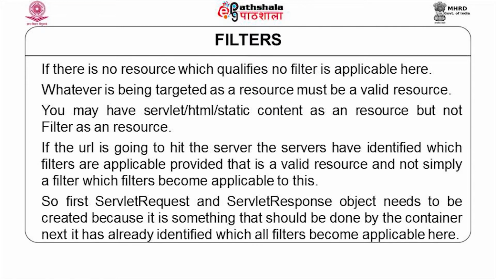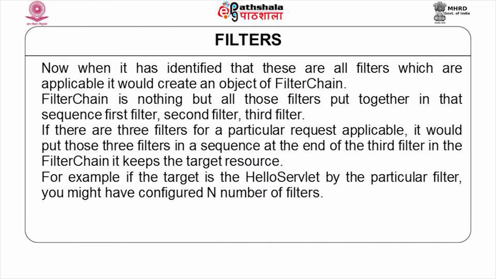Filter chain is nothing but all those filters put together in that sequence: first filter, second filter, third filter. If there are 3 filters applicable for a particular request, it would put those 3 filters in a sequence. So, filter chain always has a sequence of filters, and after the last filter it keeps the target resource. Maybe if the target is a servlet, let us say for example.